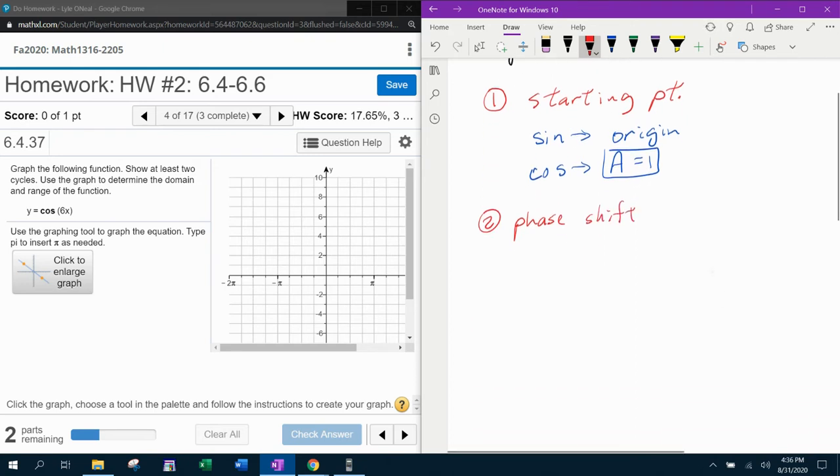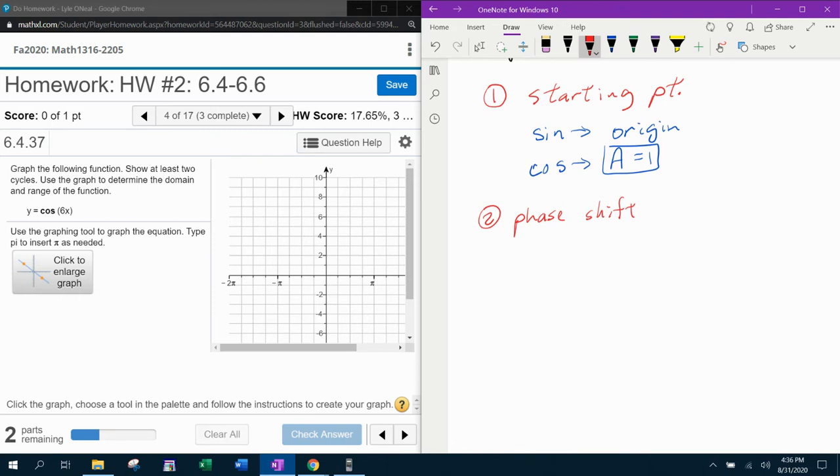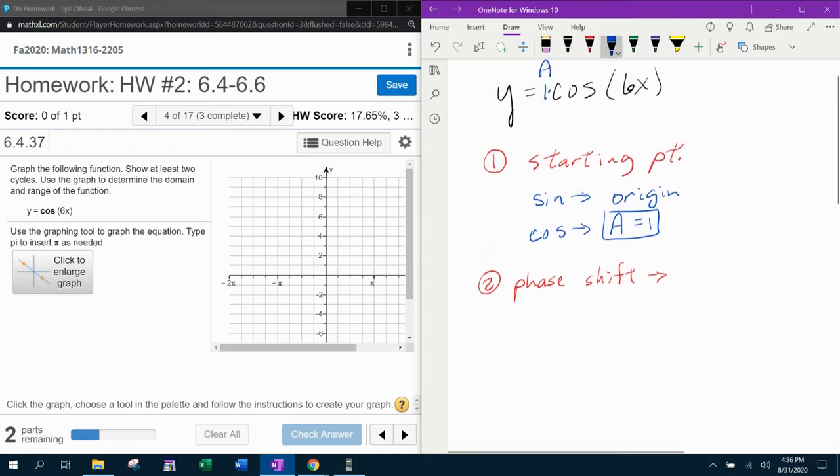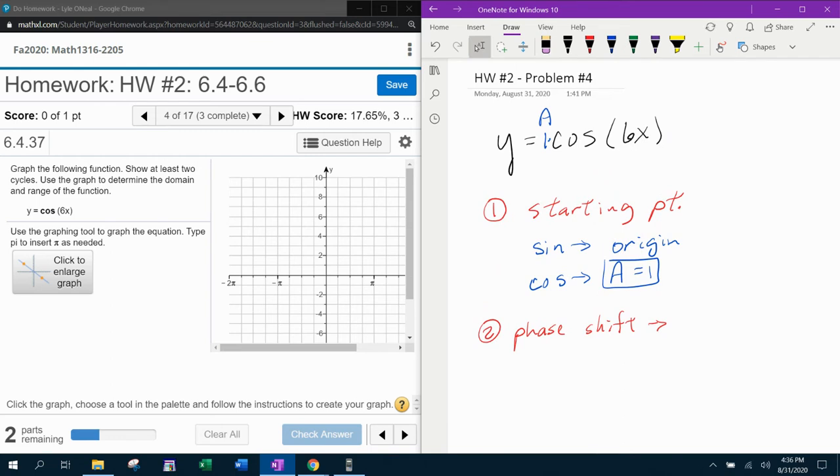Phase shift has to be done at step 2. But since our value of C is 0, and I can already tell some people are thinking, what do you mean C? Okay, so let me see real quick if I can demonstrate that. Let's see, erase, plus 0. Do you see that I don't have any constant added or subtracted to the angle?